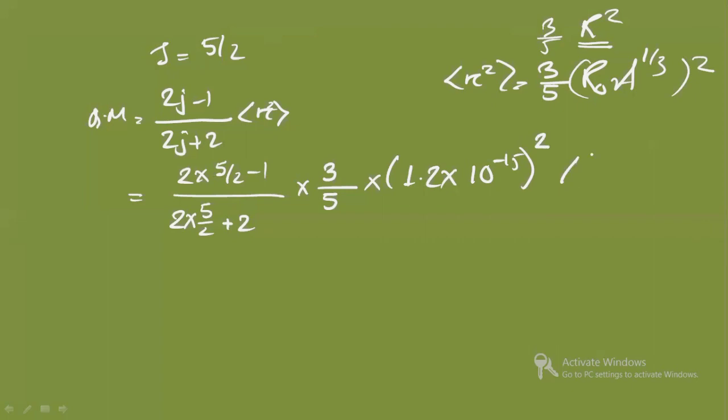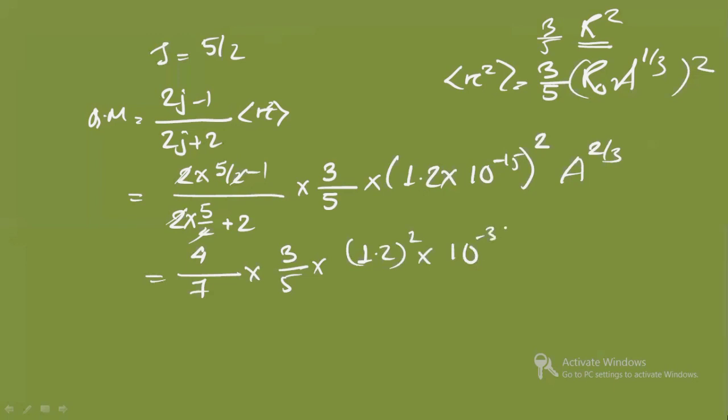So it will be A to the power 2/3, yes or no? It is 1/3 whole squared. Here this 2 is cancelling this 2, this 2 is cancelling this 2. So 5 minus 1 will give you 4, divided by 5 plus 2 is 7, into 3/5. It is your 1.2 whole squared into 10 to the power minus 30.